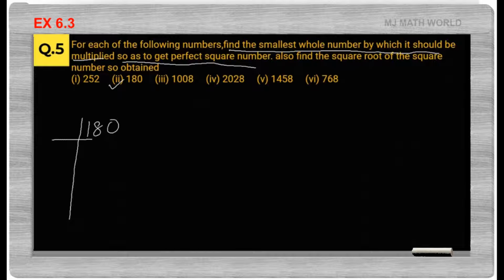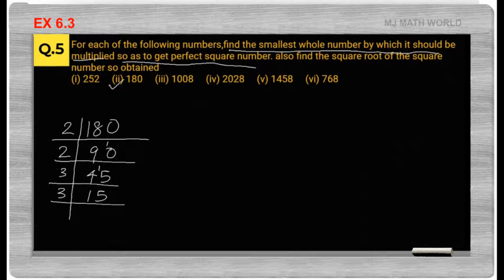First we have to find the factors of 180. This is divisible by 2: 2 times 9 is 18, then 0. This is divisible by 2: 2 times 4 is 8, remaining 1, 10, 5 times, and it is divisible by 3: 3 times 1 is 3, remaining 1, 15, 5 times, and it is divisible by 3. 15 is 3 times 5, and 5 is divisible by 5, 1 time.